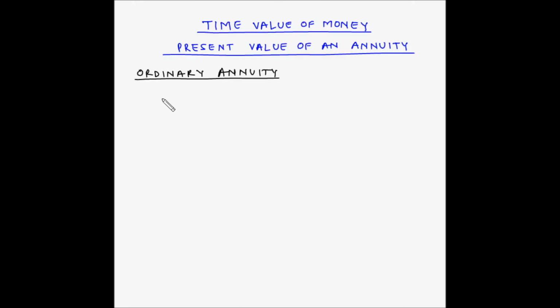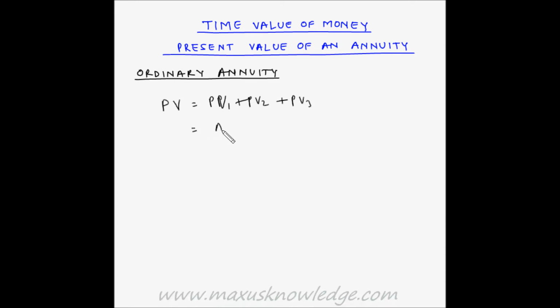Now, how did we calculate the present value in the example that we just saw? So we had PV, this is the total present value. So this was equal to the present value 1 plus present value 2 plus present value 3. And what was present value 1? That was A.